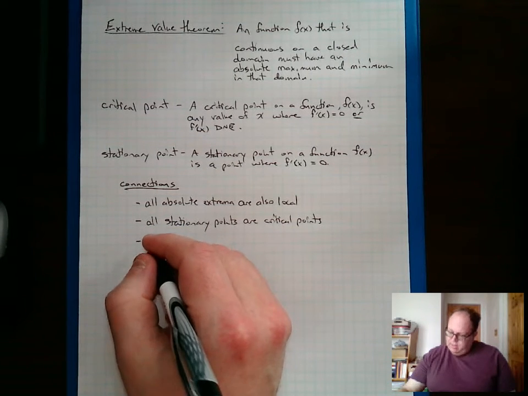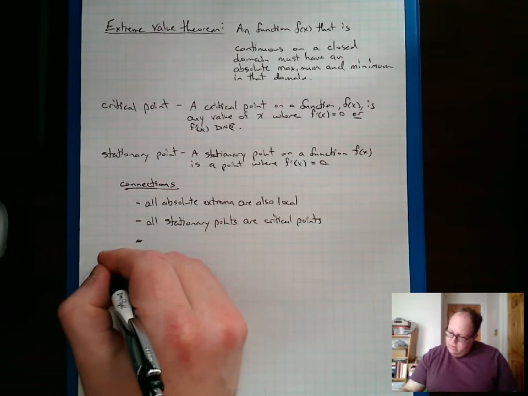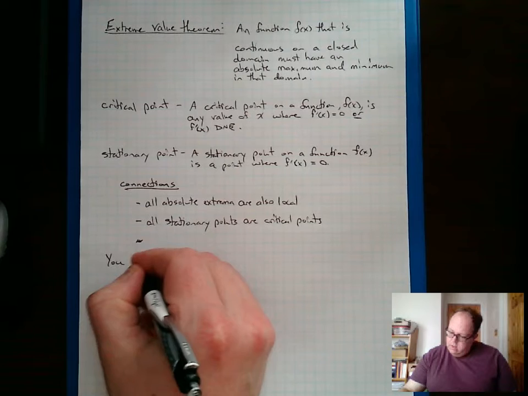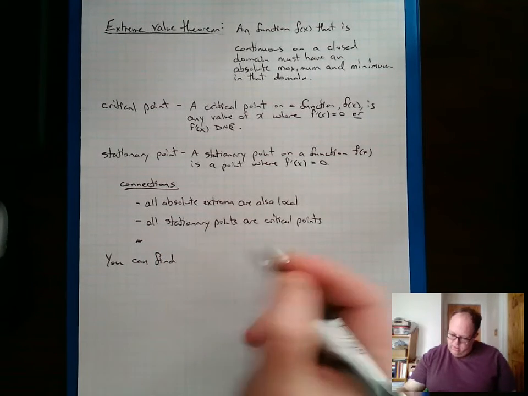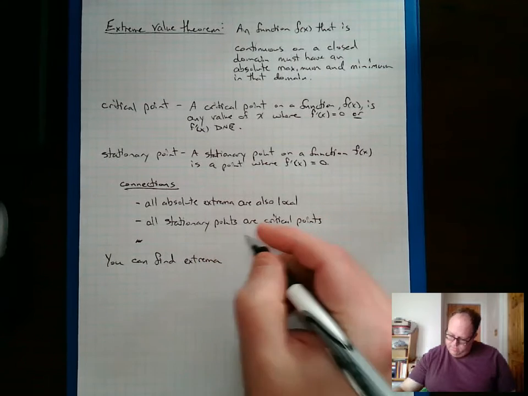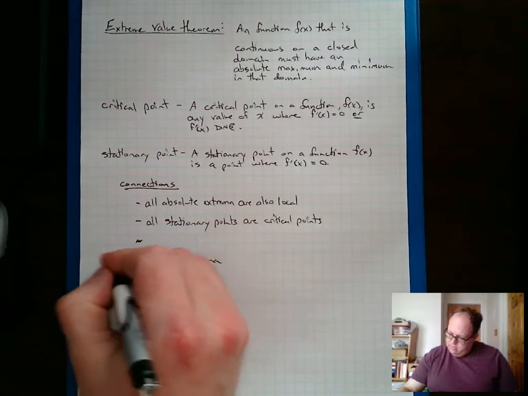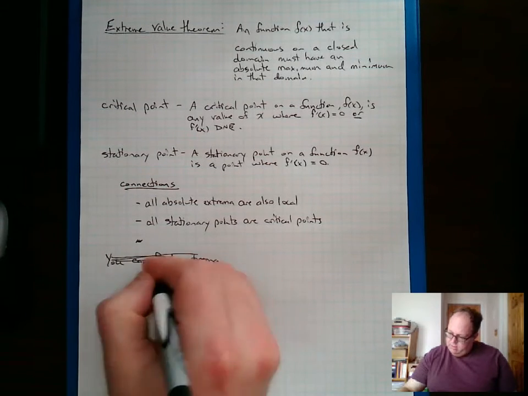And this last one is more a statement of where you can find extrema, so I should make that a separate point. Actually, scratch that. I want to make that a bit more definite.